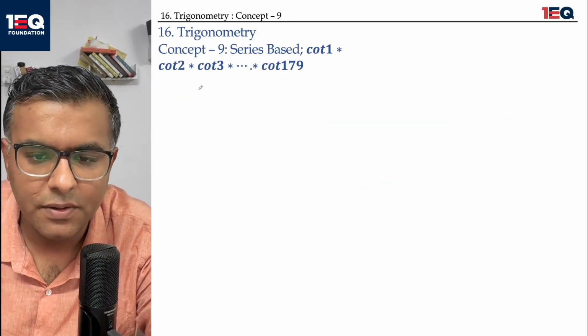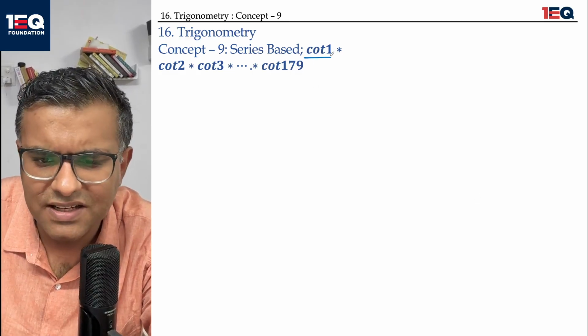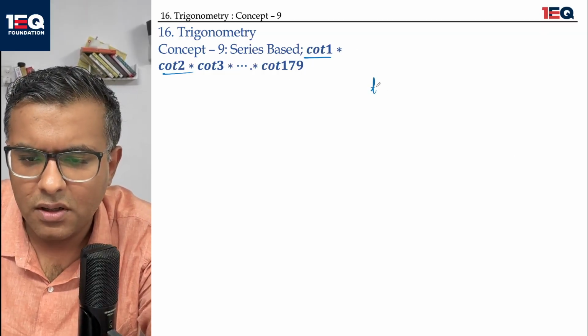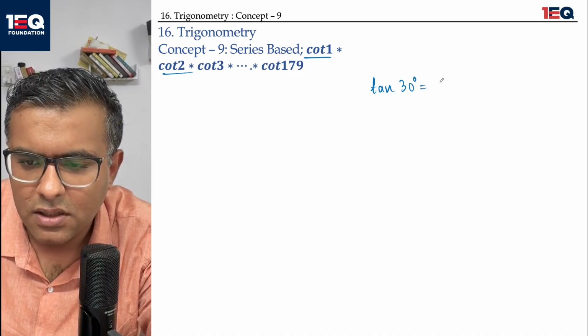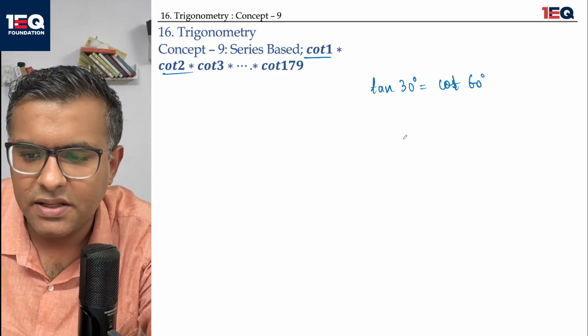Let's move forward. This is another series which is based on cot 1, cot 2 and everything. There is one very important reminder which I wish to give you: the value of tan 30 degrees is equal to the value of cot 60 degrees.